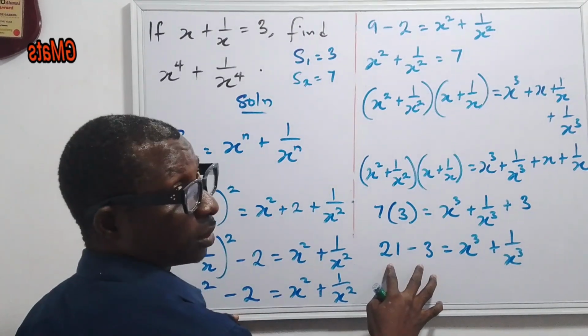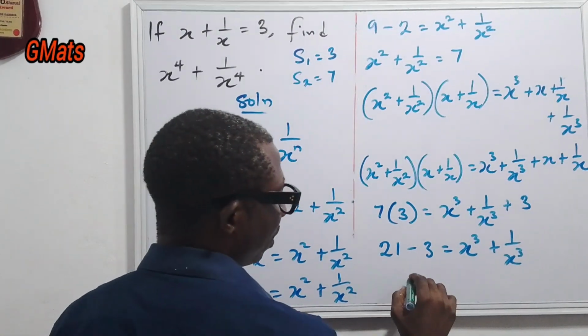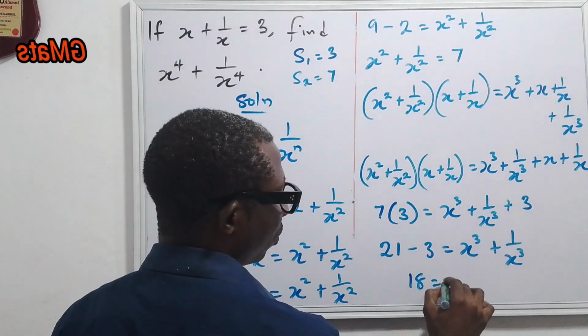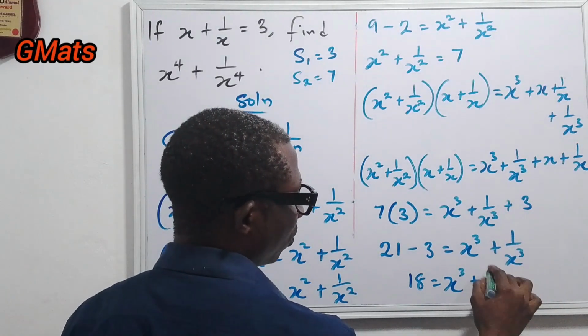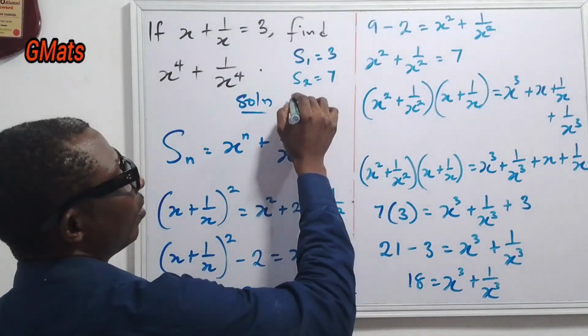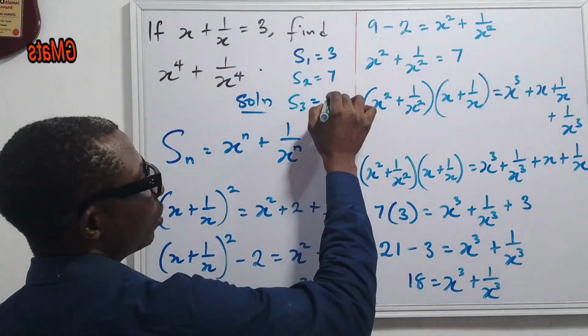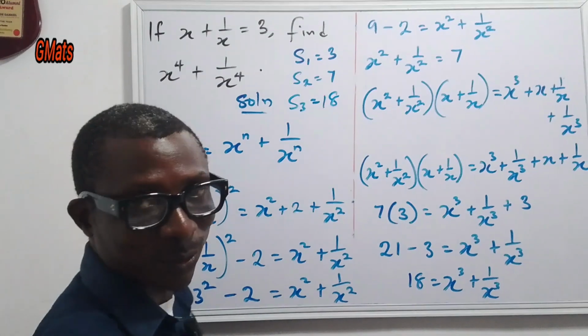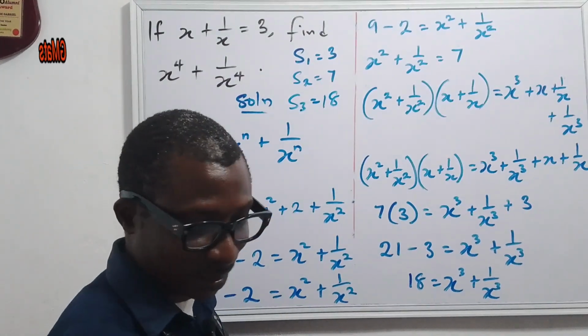So when you take away 3 from 21, you have 18 equals x raised to the power of 3 plus 1 over x raised to the power of 3. So we have S3 to be 18.